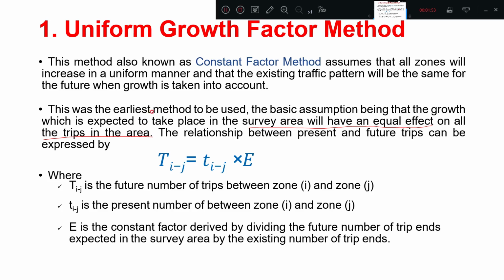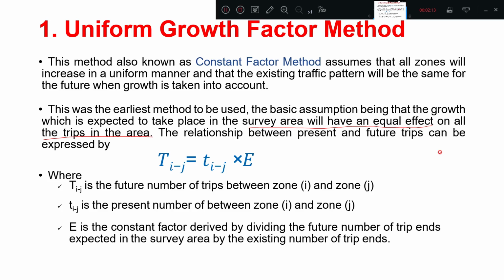This is one of the oldest or earliest methods adopted in trip distribution, based on the assumption that the growth expected to take place in the study area has an equal effect on all the trips.